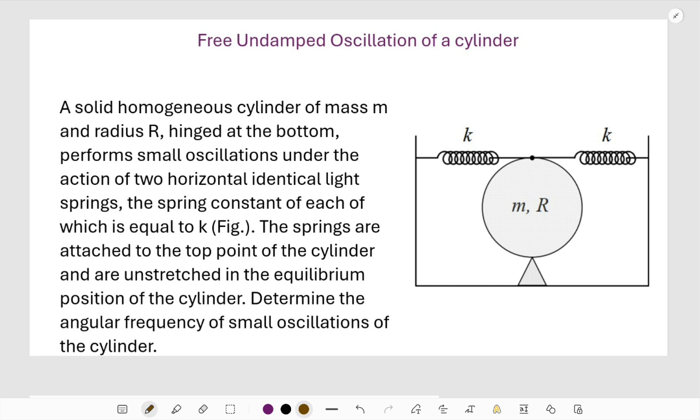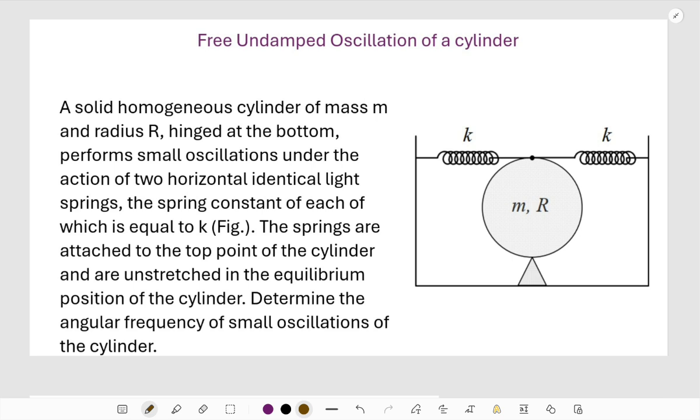The spring constant of each of which is equal to k. The springs are attached to the top point of the cylinder and are unstretched in the equilibrium position of the cylinder. That means initially at t equals 0. This is the condition. Determine the angular frequency of small oscillations of the cylinder.